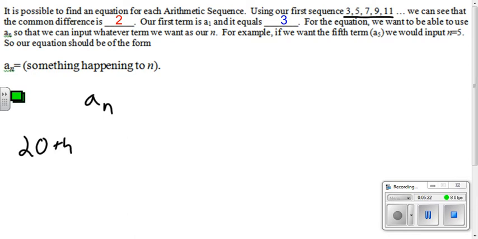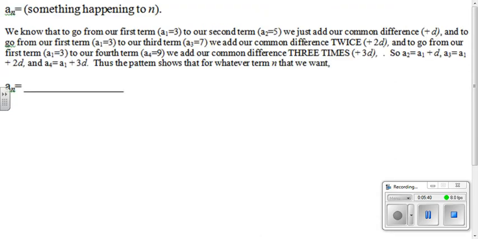Instead of counting all the way out 3, 5, 7, 9, 11, 13, 15, and continuing on and on, we could make a formula or an equation. So it would be a sub n equals something that is continuously happening to n. So let's see exactly how we're going to find that.